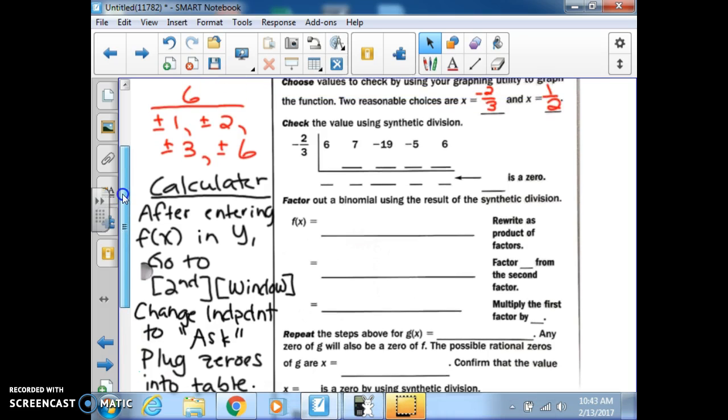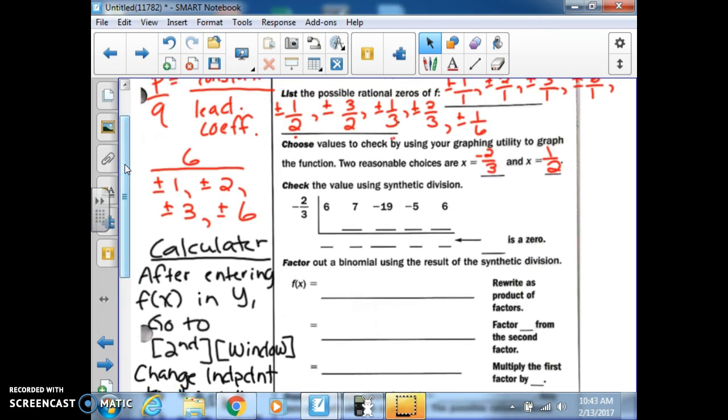All right, so to check the value using synthetic division, they already set everything up for us, so we're going to drop down and multiply. So drop the 6 down. 6 times -2/3 is -4. Drop that down, that's going to be 3. Multiply, 3 times -2/3 is -2.